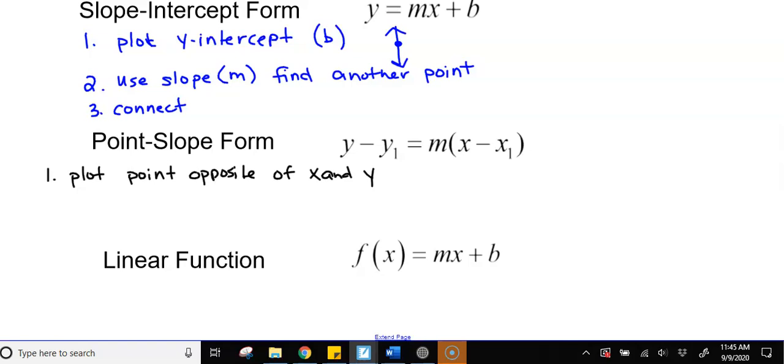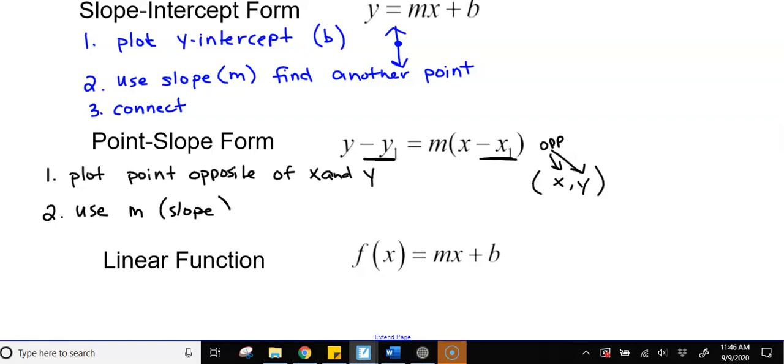Okay, so you're going to look here and here. You're going to turn that into an ordered pair, but you're going to use the opposite of what you see. And we'll go through an example so you'll see what I mean there. Okay. After that, same as what you did in slope-intercept form, you're going to use your m, your slope, for your second point. And then obviously connect those 2 points.